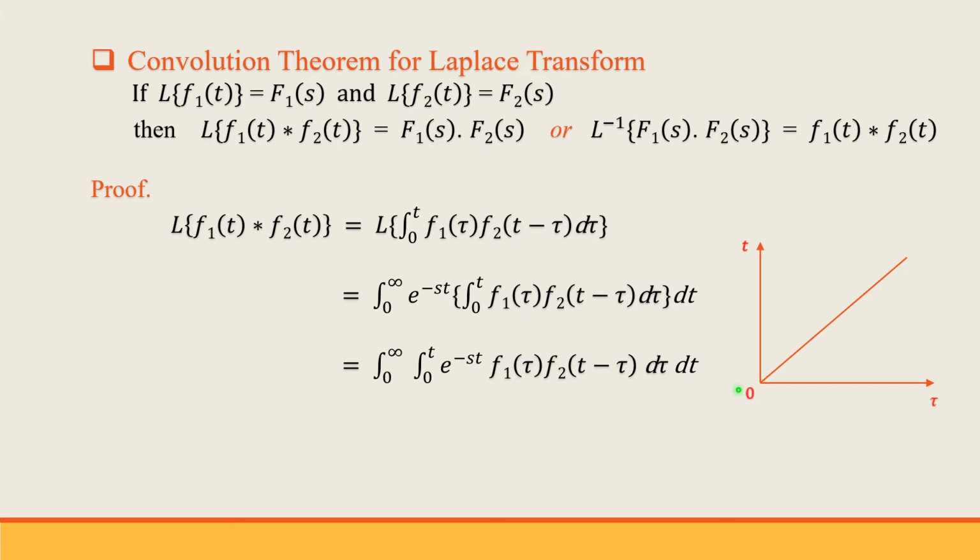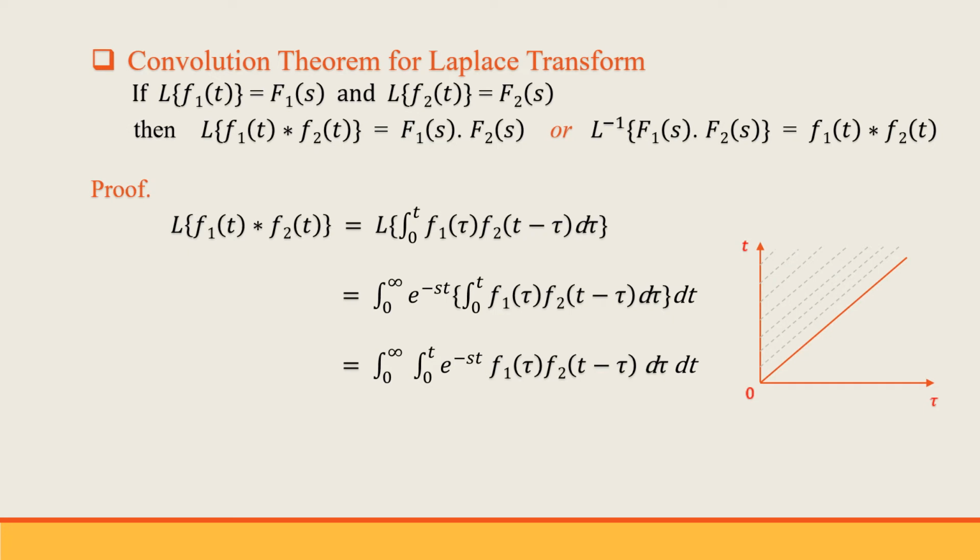So, t equal to 0 is the tau axis line, this one, and t equal to infinity means this entire region. So, the area bounded by both these limits will be this one.